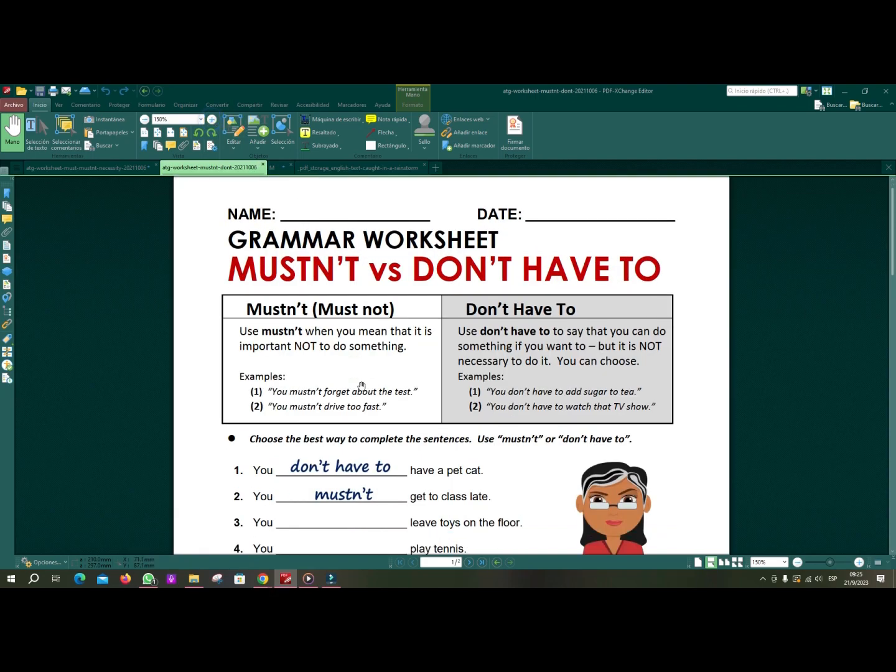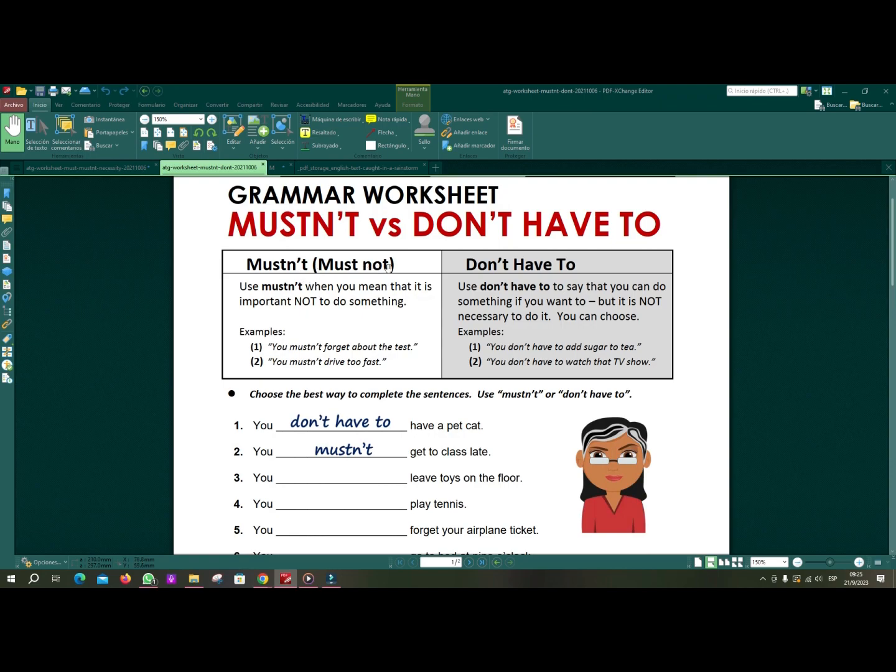Let's see. Mustn't or must not. We use mustn't when we mean that it is important not to do something. For example, you mustn't forget about the test. You mustn't write too fast. Right? We use mustn't when it is important that you don't do something.